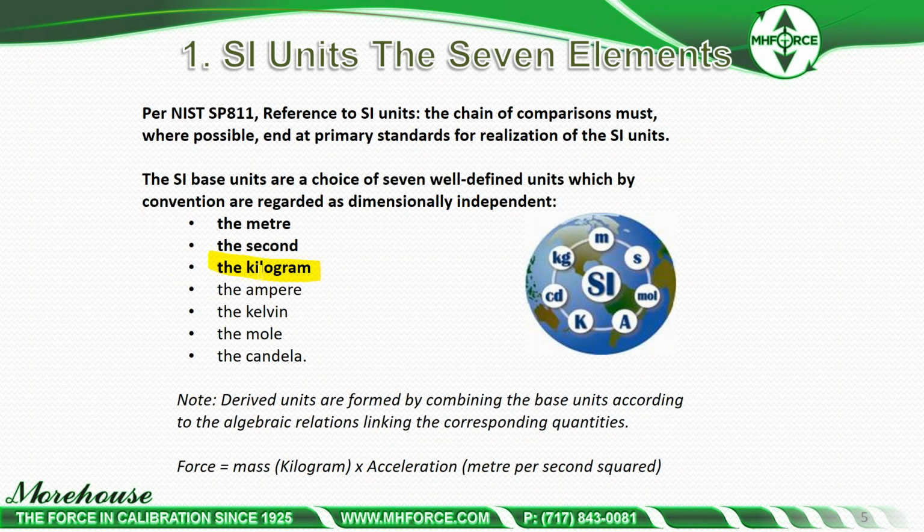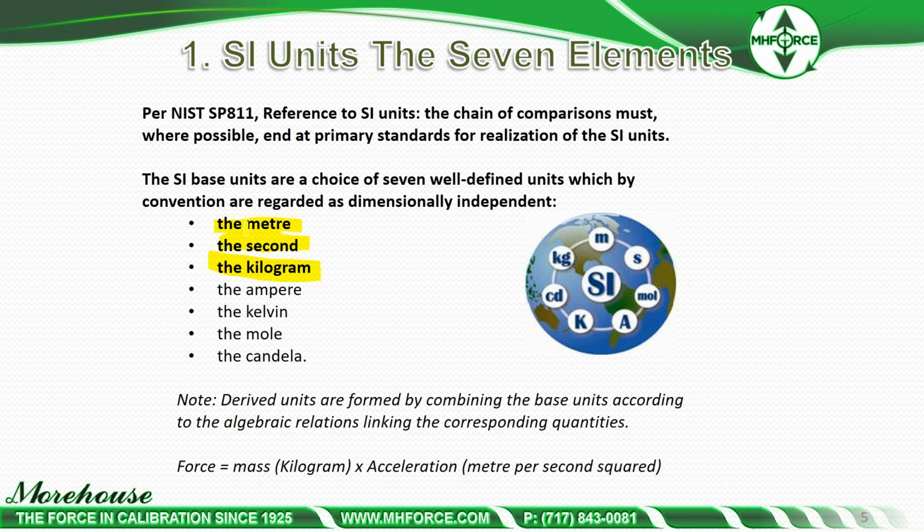But any of these elements make up other units. So for force, the reason meter, second, and kilogram are bolded or now highlighted is because these are the elements that make up what we do, which is force measurement. They also make up torque measurement, which we do as well.